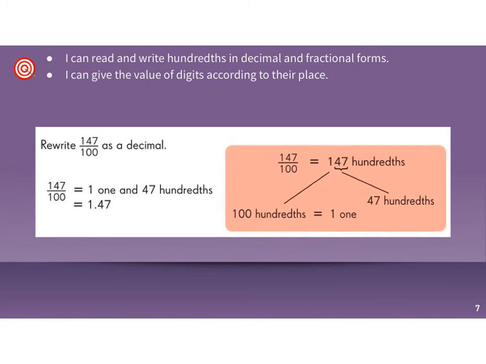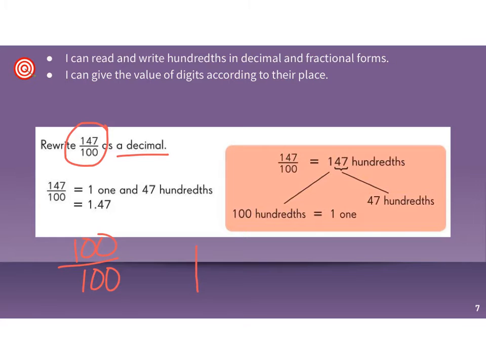If I've got 147/100ths, how would I write that as a decimal, according to what we know? Well, how many cubes are in a whole? For every 100 cubes, I have one whole, right? So that would mean I have one whole.